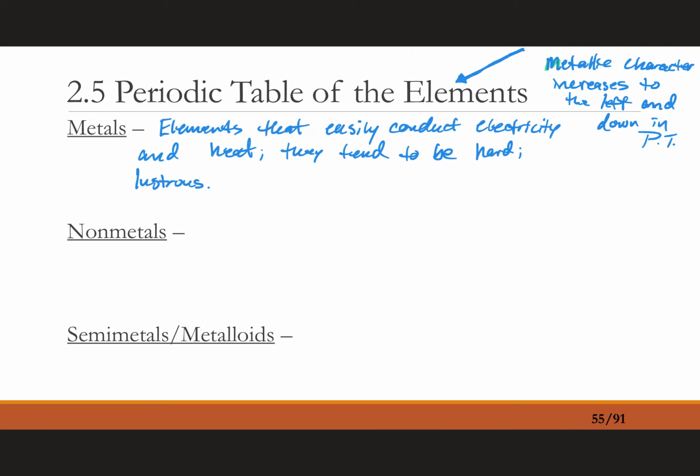You could also say they're malleable, or ductile. Malleability is the ability of an object to be hammered into shapes or compressed, squished into shapes. Ductility is the ability to pull something apart and create ultimately wires.